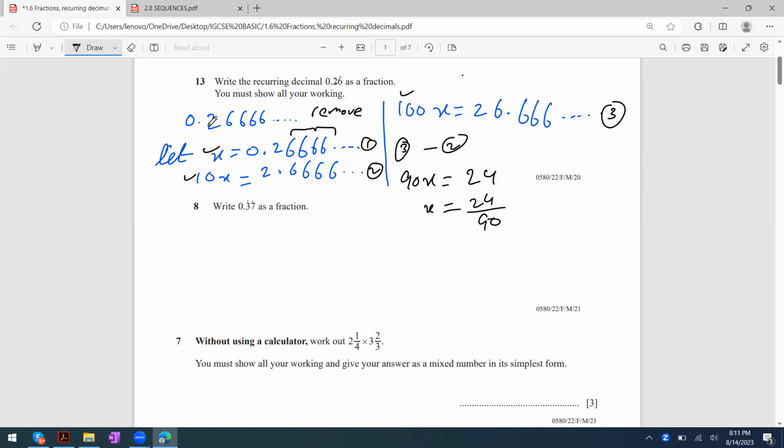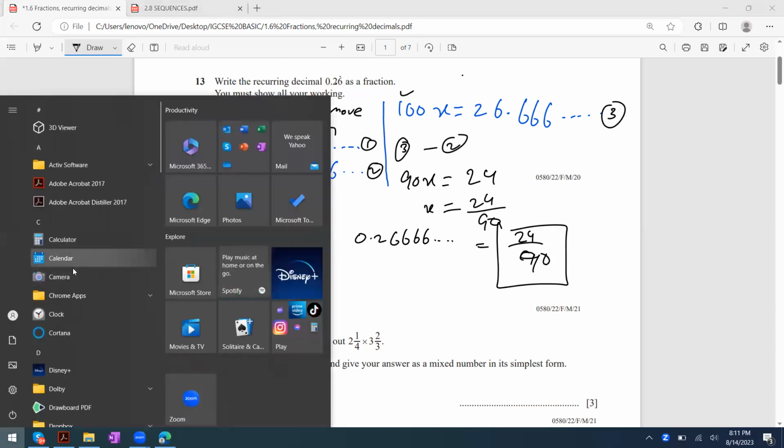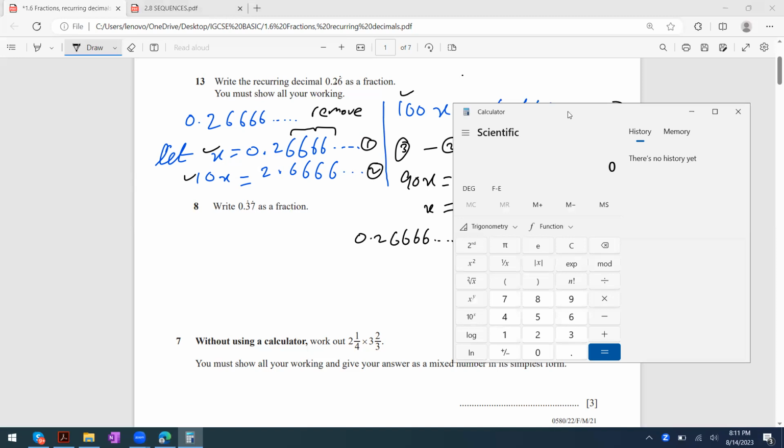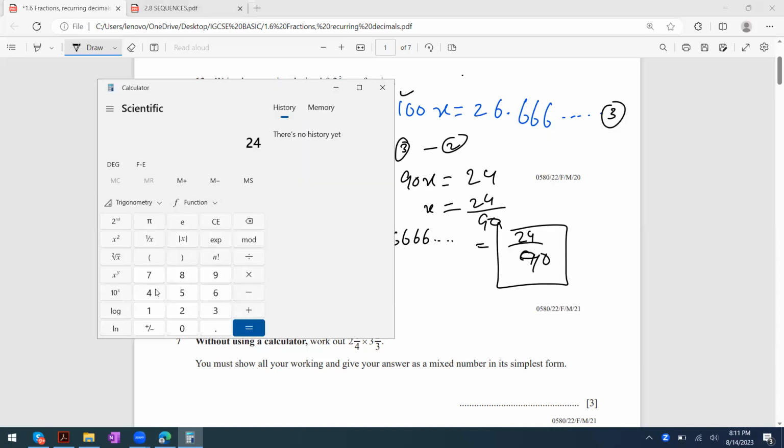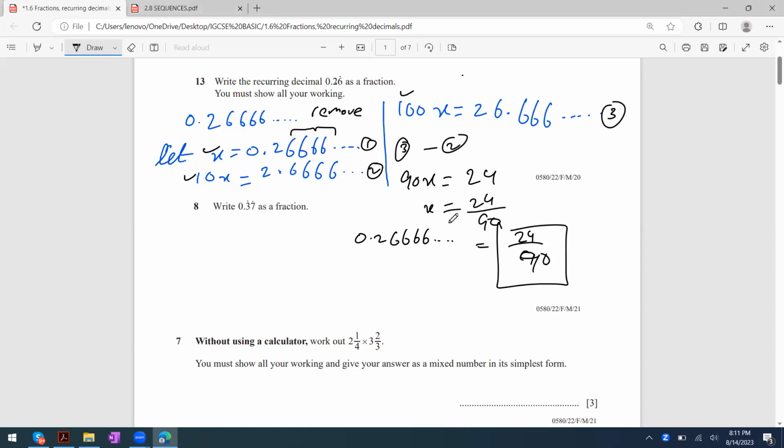This means this recurring decimal, repeating decimal, 0.26666 and so on is actually equal to 24 over 90 in fraction form. If you put 24 divided by 90 in the calculator, you can see it's giving this repeating decimal, 0.26666 and so on. Is it clear, or should I explain one more time?